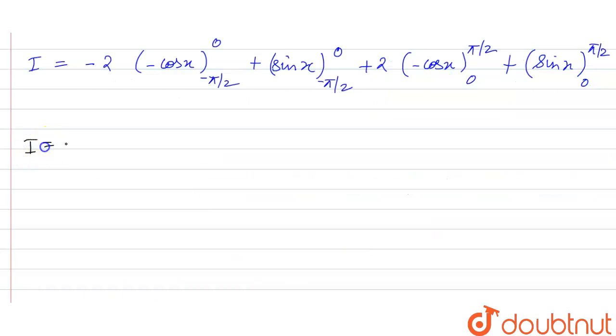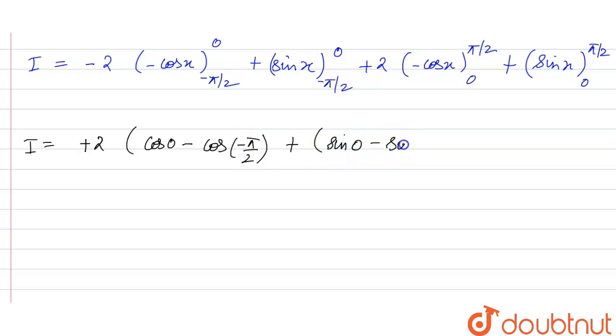So I is equal to minus 2, and upper limit minus lower limit; minus and minus will be equal to plus 2. Now the upper limit is cos 0 minus cos of minus pi by 2, and plus upper limit minus lower limit, sine 0 minus sine of minus pi by 2.